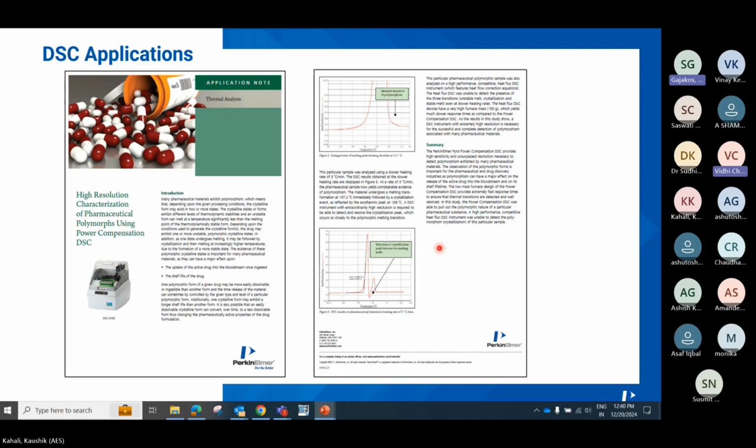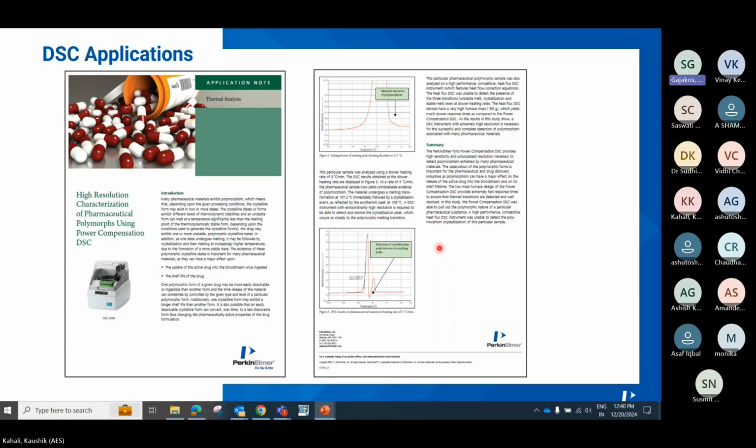Polymorphism is a term used in the pharma industry for their APIs, that is, active pharmaceutical ingredients. These APIs can exhibit two or three polymorphs, meaning they can exhibit two or three forms of their structure.